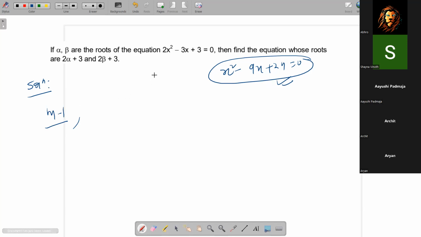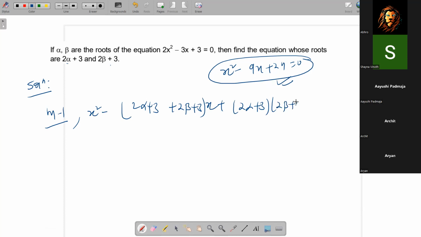I will do it with both. See, we have to find the equation whose roots are this and this. So what is the equation? x square minus sum of the roots, one root plus second root, into x, plus product of the roots, equal to 0. x square minus, take 2 common, 2 times alpha plus beta, and we have alpha plus beta from here.